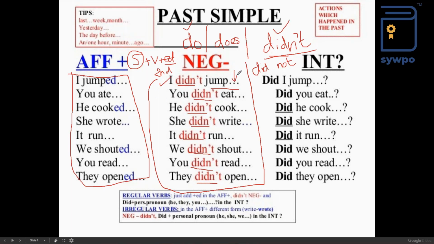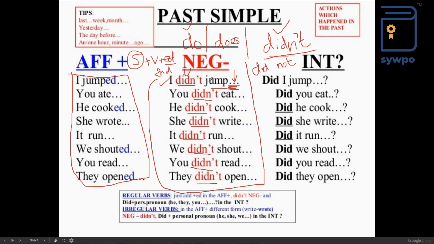Notice here we don't have ed. That's because we have already written in simple past tense because we use the word did. Did is for simple past tense. Because the first verb is already in simple past tense, the verb after that does not need ed, okay? Just write it in first form.